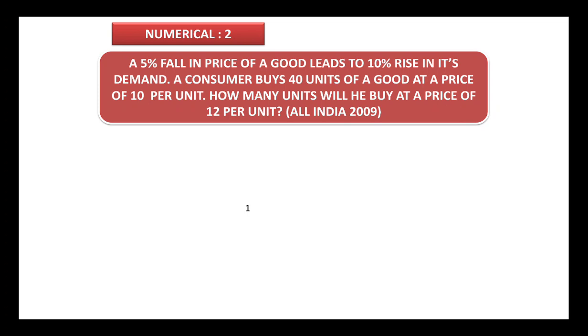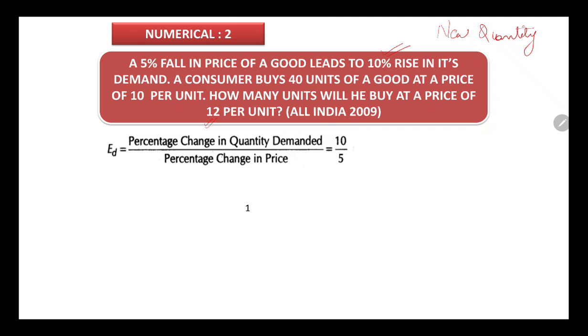How many units will he buy at a price of rupees 12? Now this 12 is the new price, so they are basically asking you to calculate the new quantity. It is not mandatory that you will always be calculating the elasticity. Elasticity you can always get from here. You'll get the elasticity from the percentage. See, that is why they gave you this statement first.